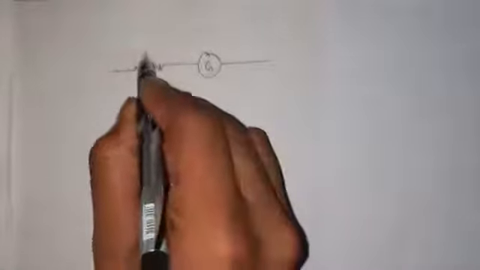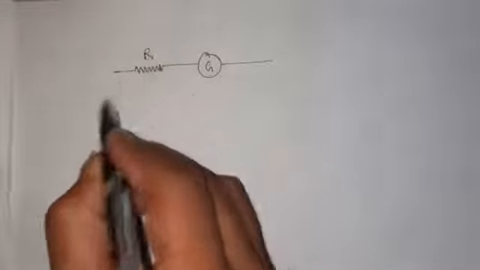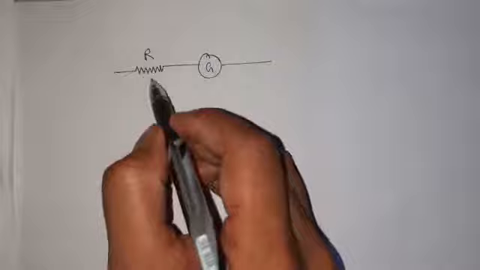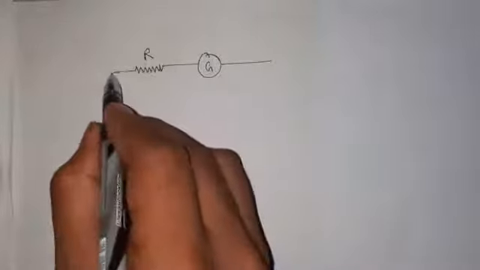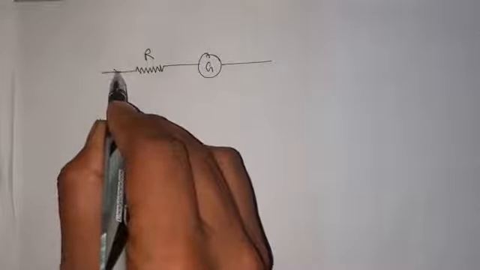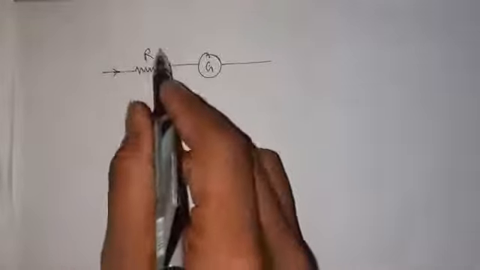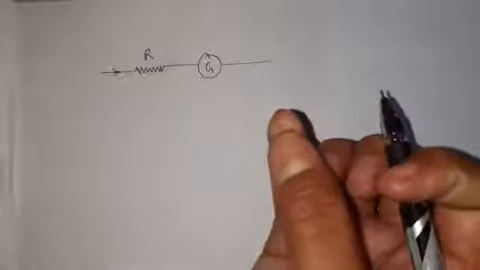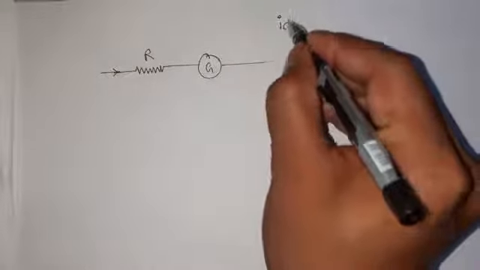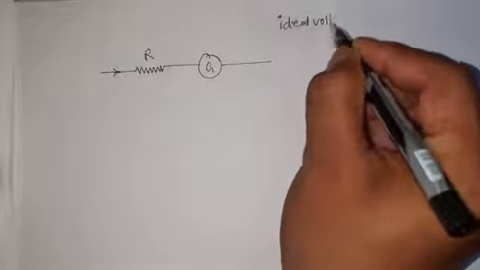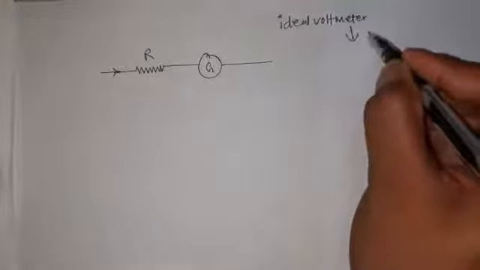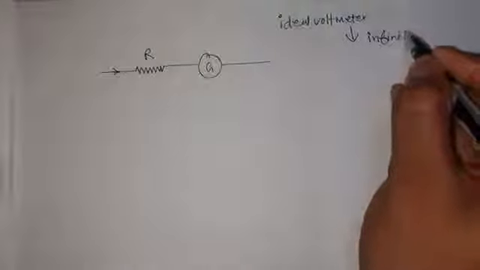Let us take this as the series resistance. We are not going to have an ideal voltmeter. An ideal voltmeter means a voltmeter having infinite resistance.